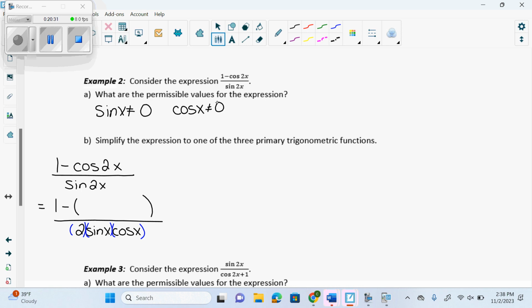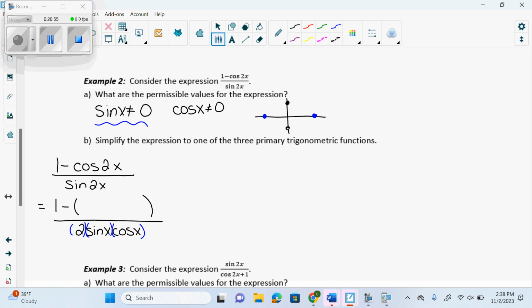So where is sine x equal to 0? Well, where y is equal to 0, which is here and here. So that's sine x can't equal 0. And where does cos x equal 0? At 90 and 270. So if I actually get both of them, could I put their non-permissible values together and just say every 90?